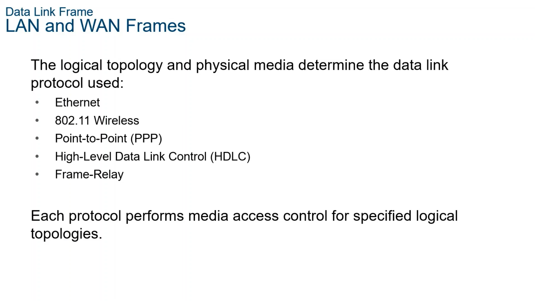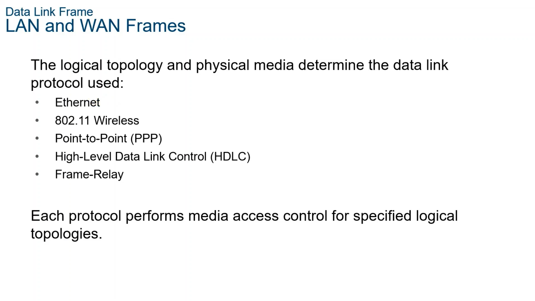These devices include the NIC on computers as well as the interfaces on routers and layer 2 switches. The layer 2 protocol used for a particular topology is determined by the technology used to implement that topology. The technology used is determined by the size of the network in terms of the number of hosts, the geographic scope, and the services to be provided over the network.